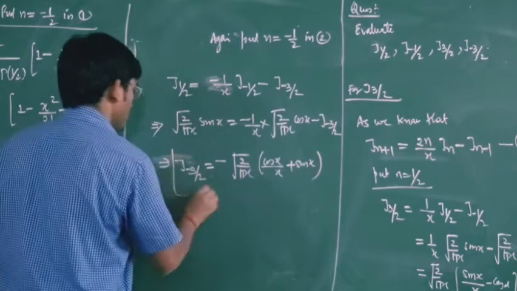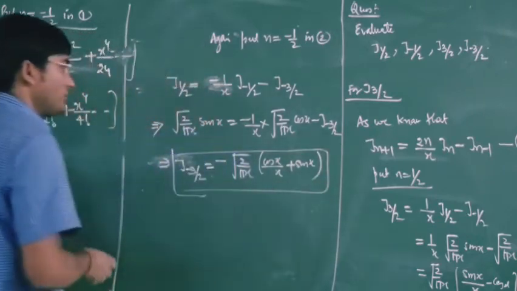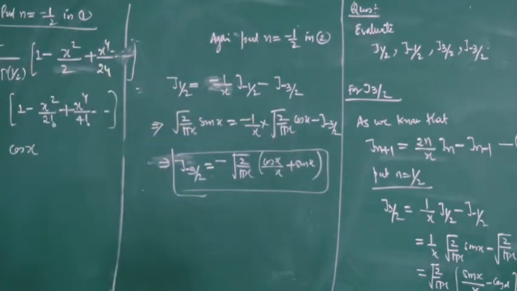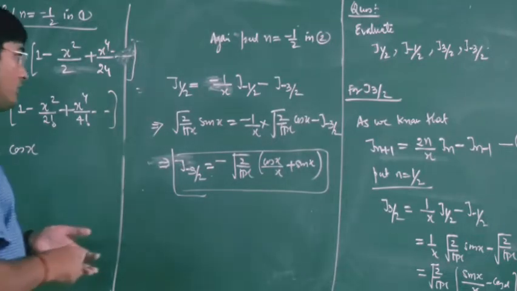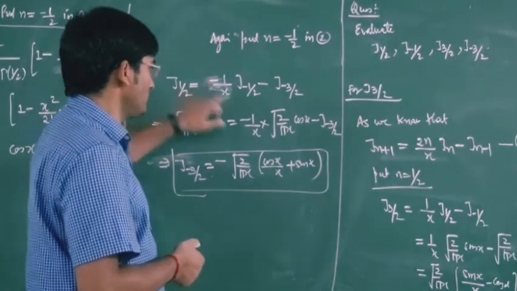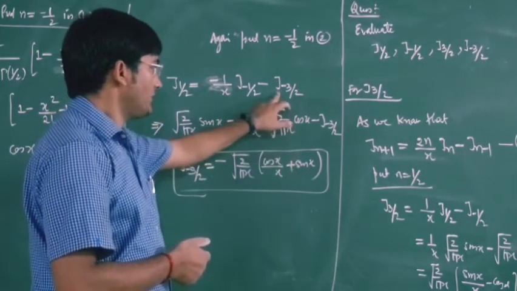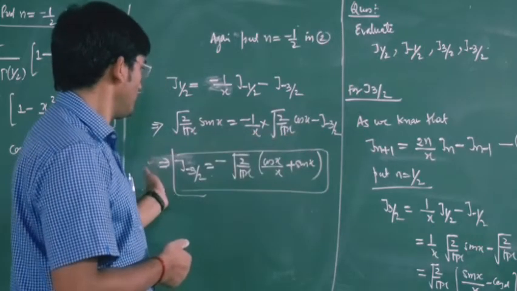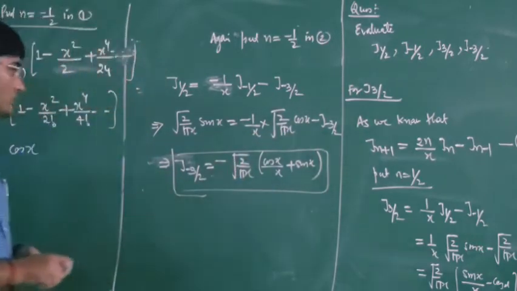So this is your value of J minus 3 by 2.